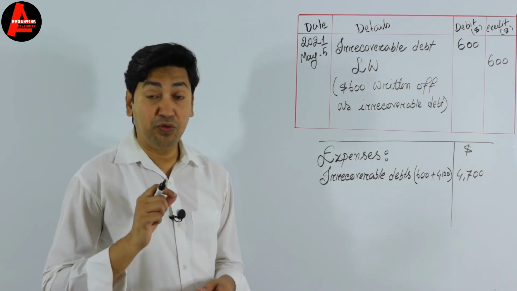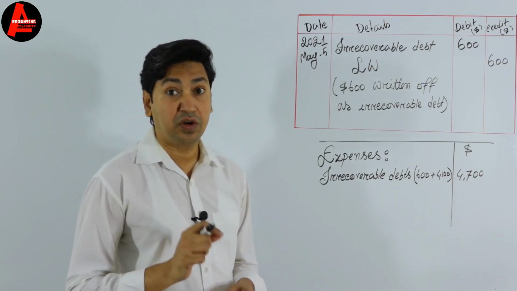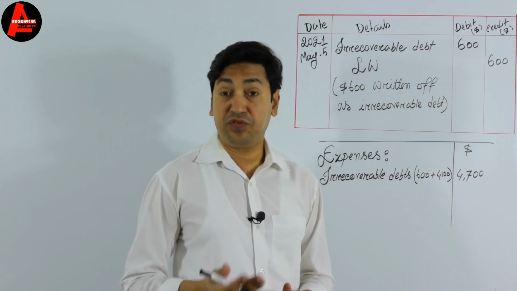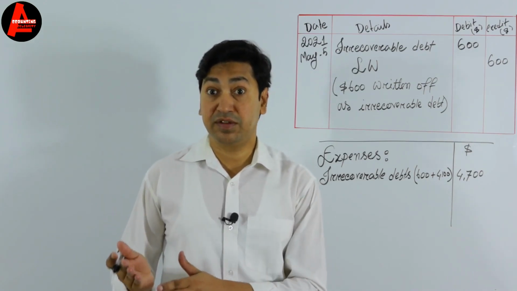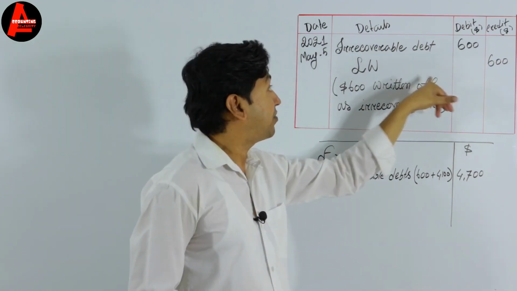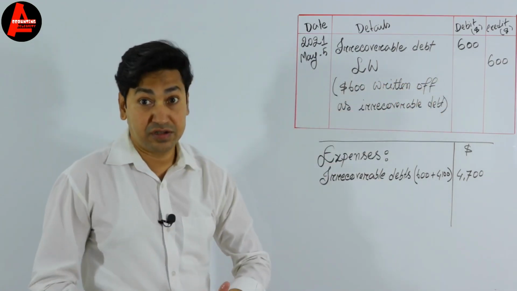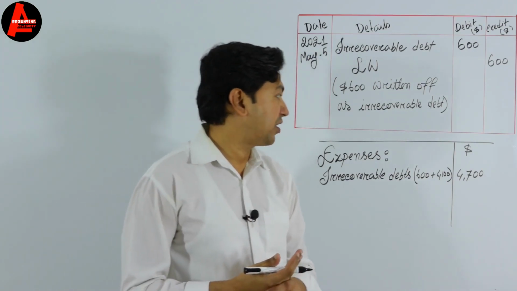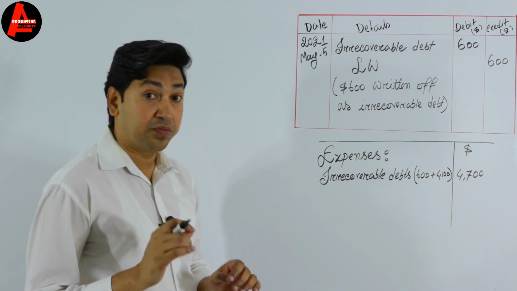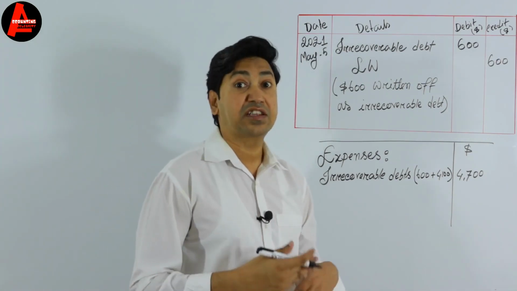So we decided to create a provision for doubtful debts at the rate of 5% on the remaining, on the other trade receivables, not on this irrecoverable debt, which is $91,500.